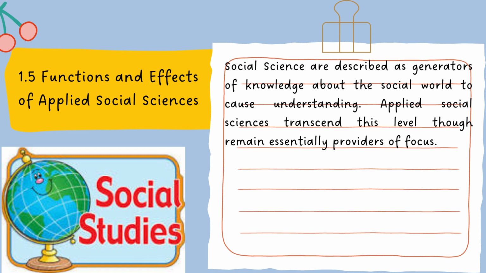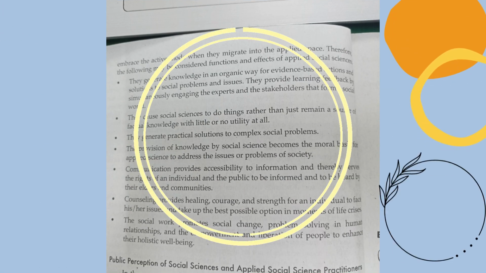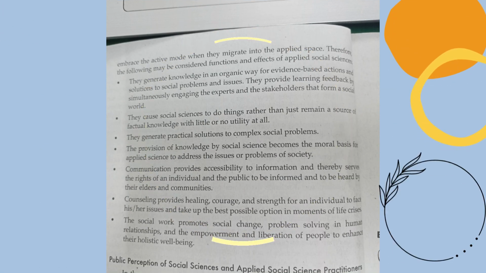Kasi, mayroon ng effect ito, mayroon ng functions kasi nandito na sa field. It is now in the field. Social sciences are described as generators of knowledge about the social world, while applied social science transcends this level though remaining essentially providers of focus. Simple as that. Na-explain ko na kanina. Okay?